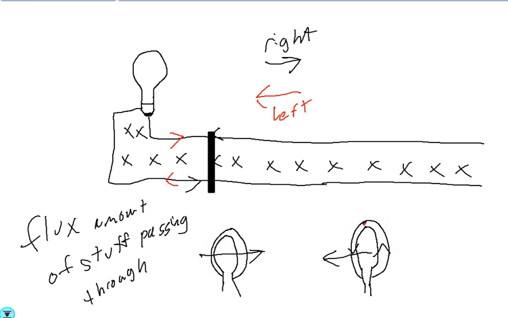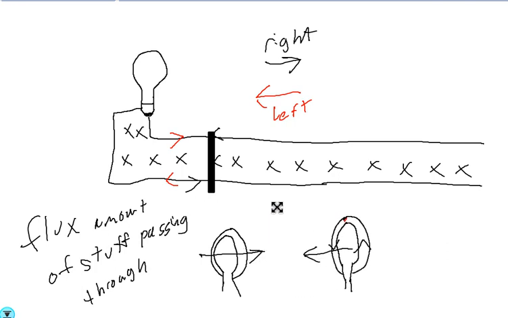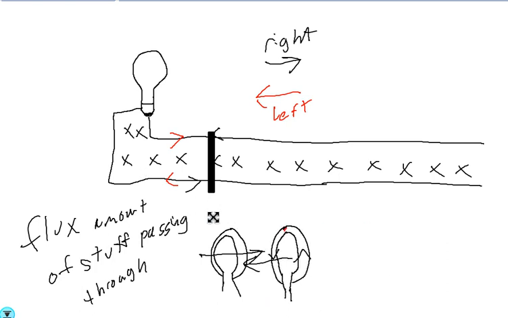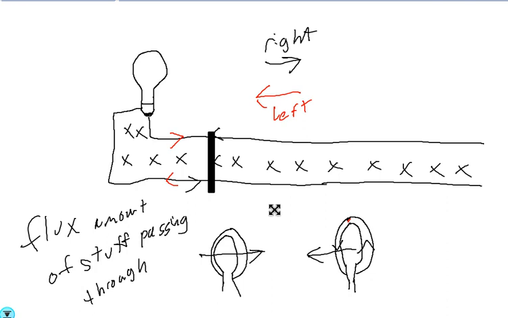Remember, that's only as I'm pushing it closer. Once I stop moving it, the current's going to drop back to zero. It's only as we're moving it, just like if we have a magnetic field and a charged particle in it, that particle has to be moving to get a magnetic force. If it's not moving, then there's no force.